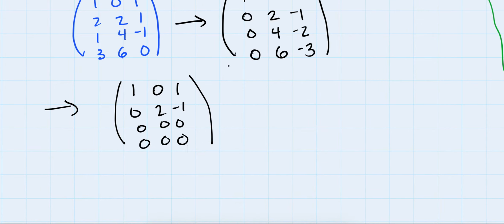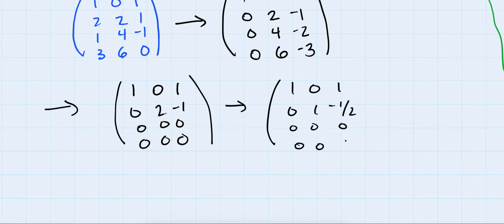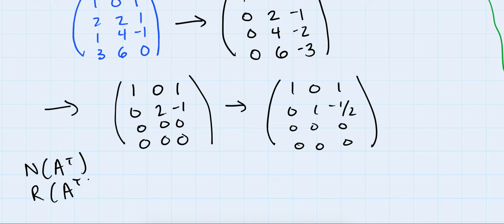Okay, and let's also make this a 1 so we can get it in reduced row echelon form. Remember the pivots have to be a 1. Great. Okay, so we can figure out the null space and the range of this matrix easily.